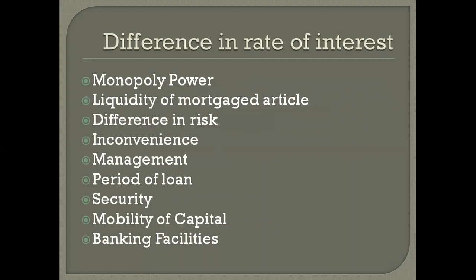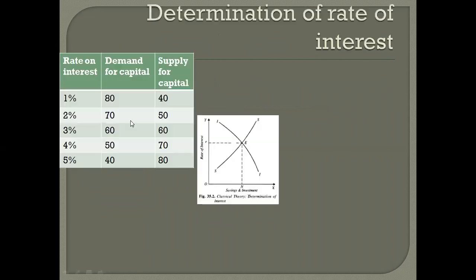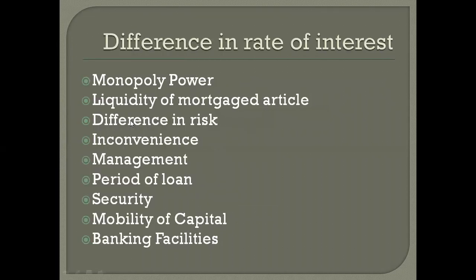If there is only one person, or a combination of persons, giving loans in the credit market, then they charge a different rate of interest.